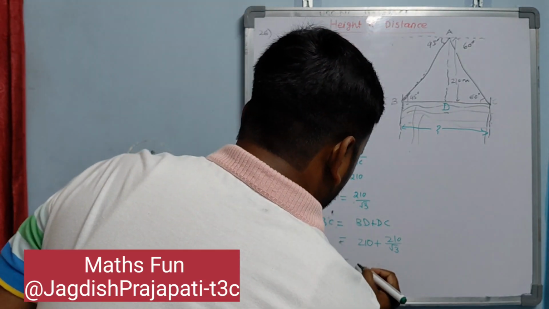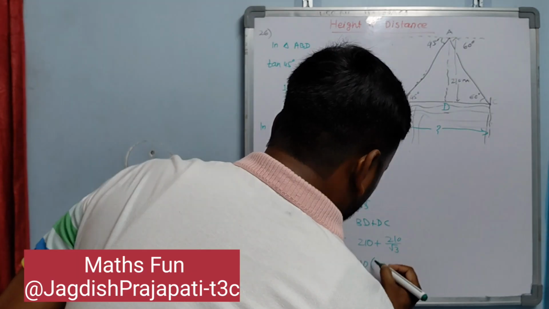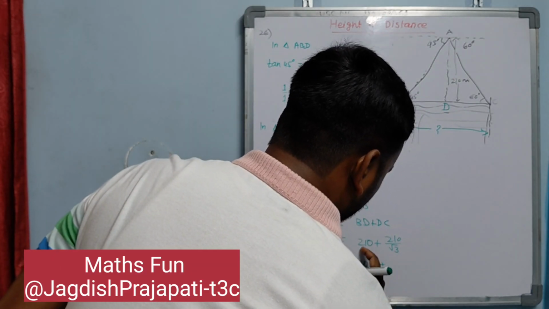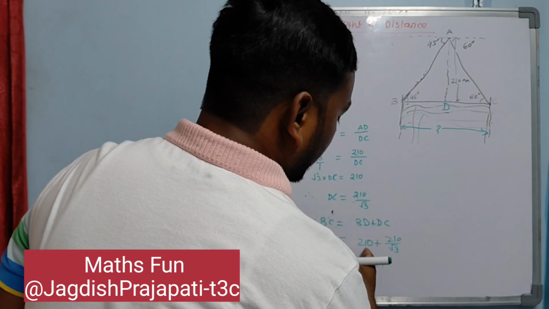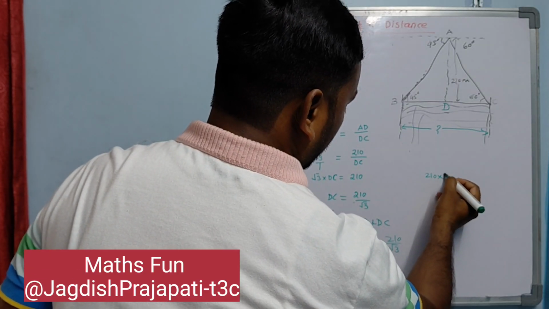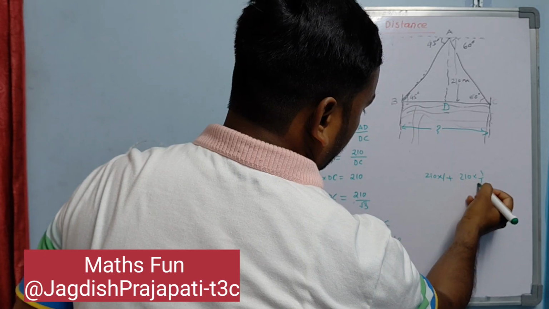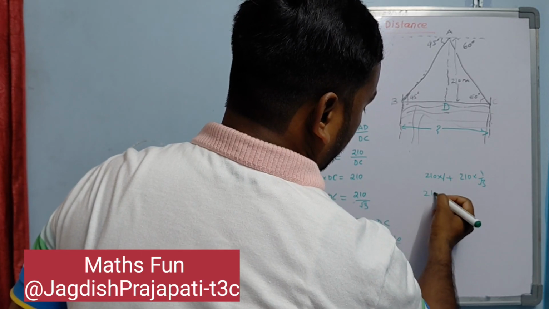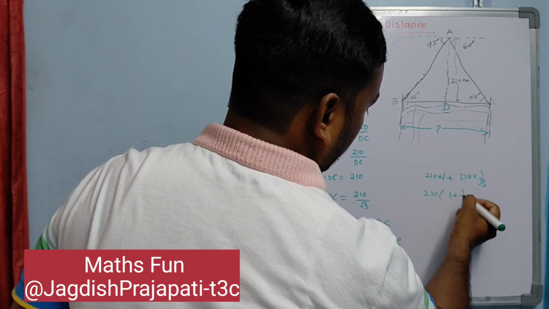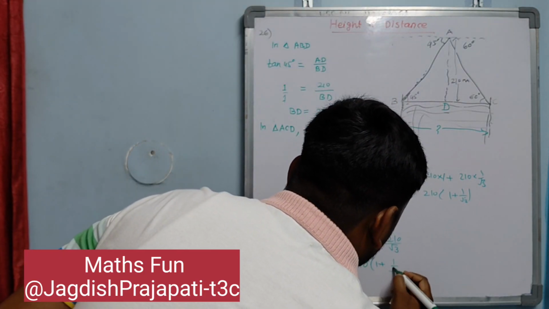Now you can simplify this if you take 210 common. We can write it as 210 into 1 plus 210 into 1 by root 3. If you take 210 outside, 1 here we will get like this, and this will be 1 upon root 3.